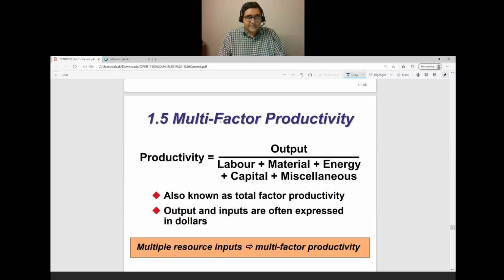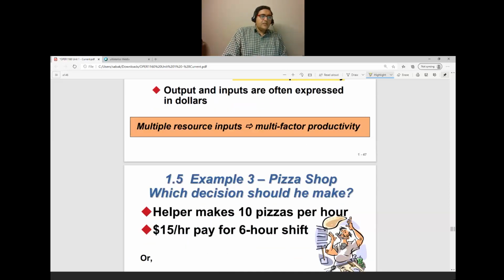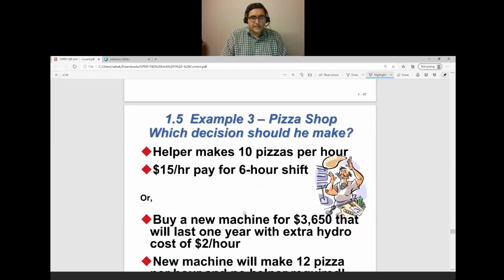Now let's go to the definition. We are not solving any numerical question from multi-factor productivity. In the examples which we have seen, we have considered only one input. We have seen earlier labor, capital, material, energy. There could be different factors which can affect your productivity, but we were looking at only one factor. If we are considering all the different factors in our productivity, it is called multi-factor productivity or total factor productivity.